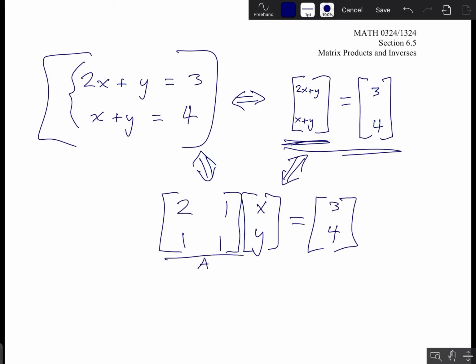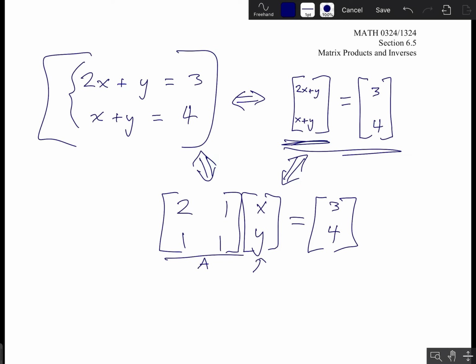One convenient way for solving systems of equations, now that we have this technology for inverting matrices, is notice that here, if I wanted to get xy by itself, so if I wanted to isolate this column matrix, what I could do is I could essentially divide by A on both sides, which is the same thing as multiplying by A inverse on both sides.